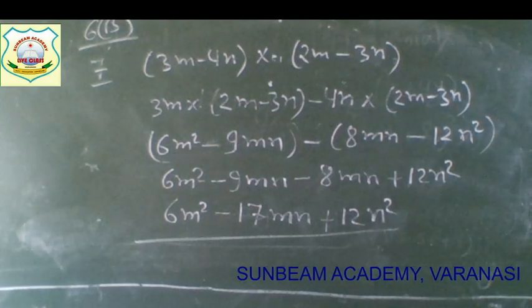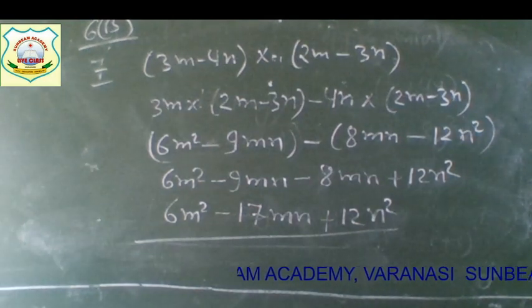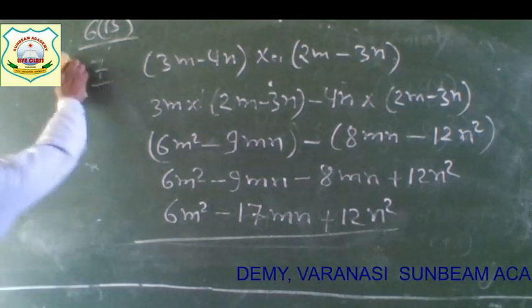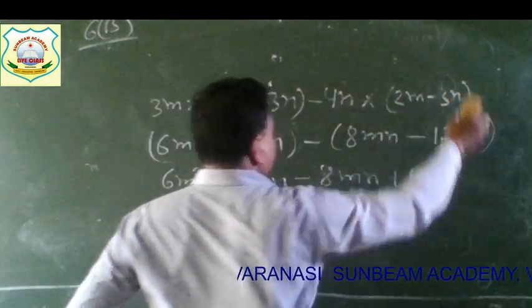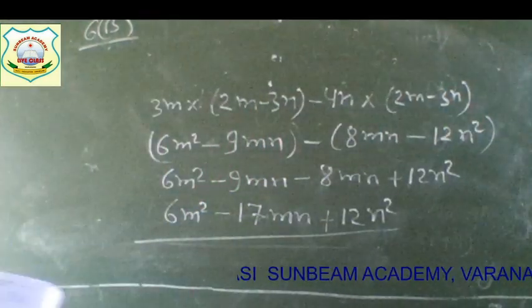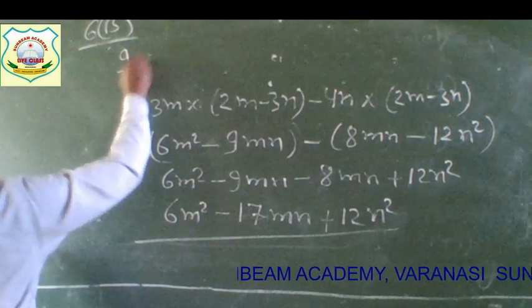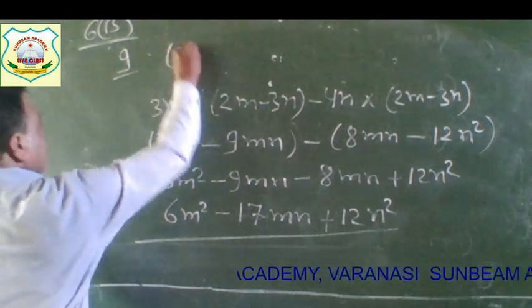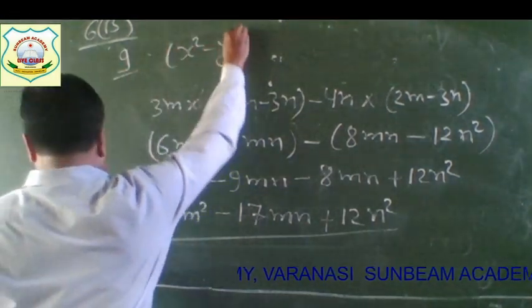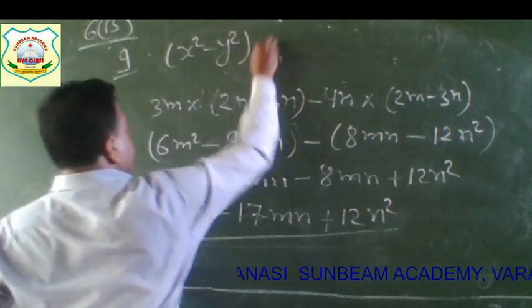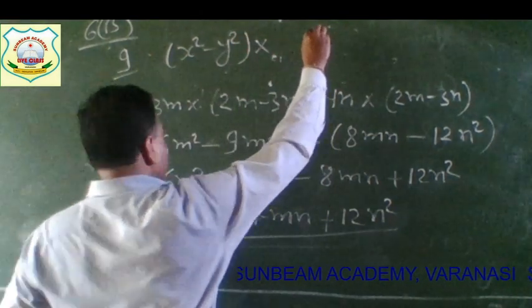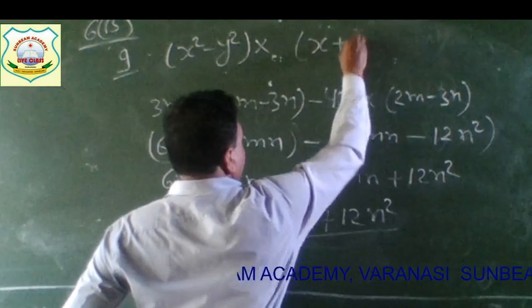Okay. Question number 9. Question number 9 is given (x square - y square) multiply (x + 2y).